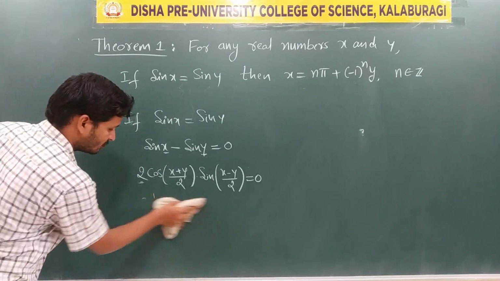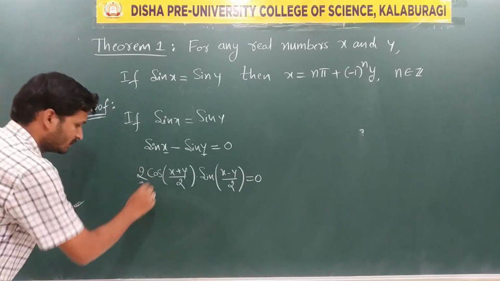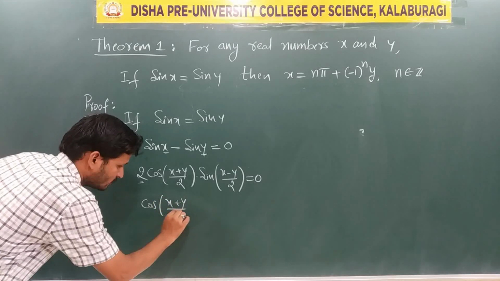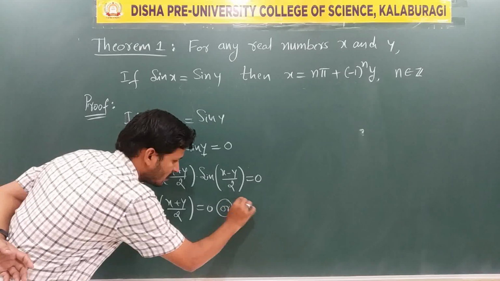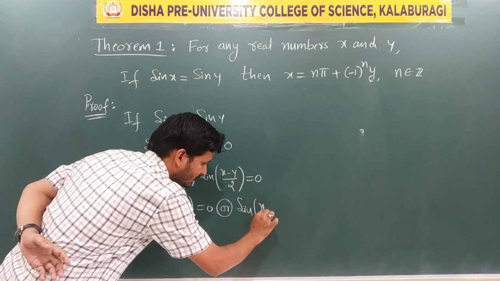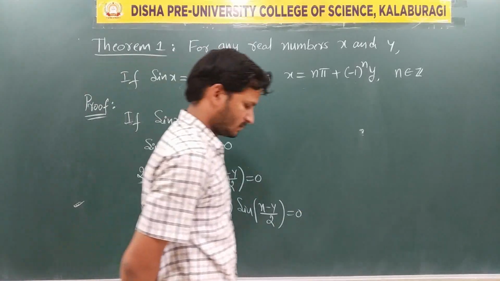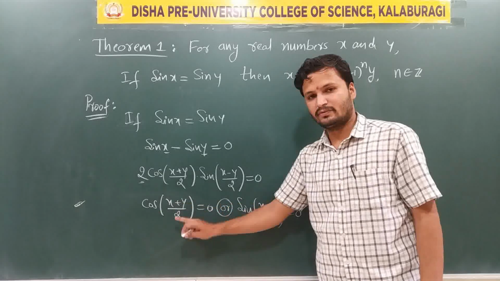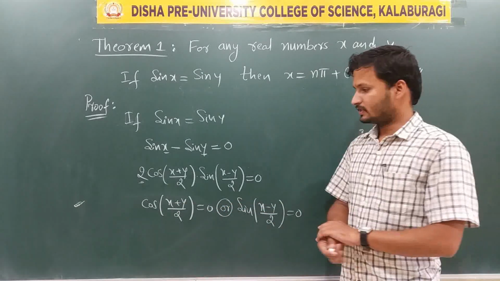Here 2 is not equal to 0, so I am taking cos of (x plus y) by 2 equal to 0, or sine of (x minus y) by 2 is equal to 0. Okay, the possibilities are: either cos of (x plus y) by 2 is equal to 0, or sine of (x minus y) by 2 is equal to 0.